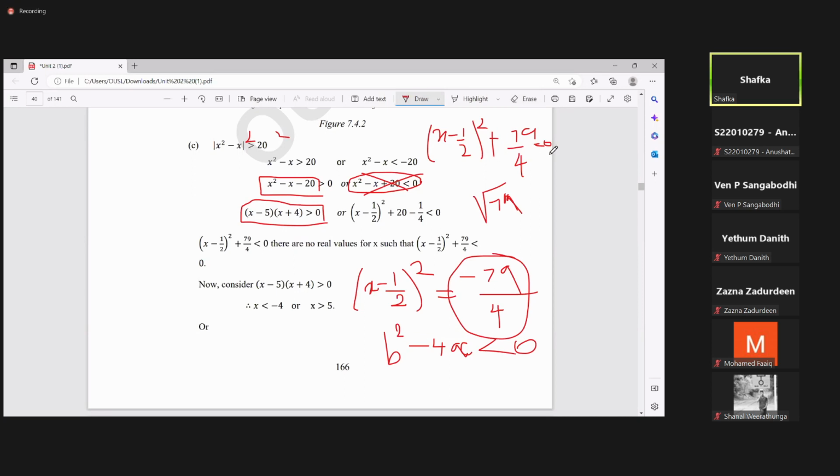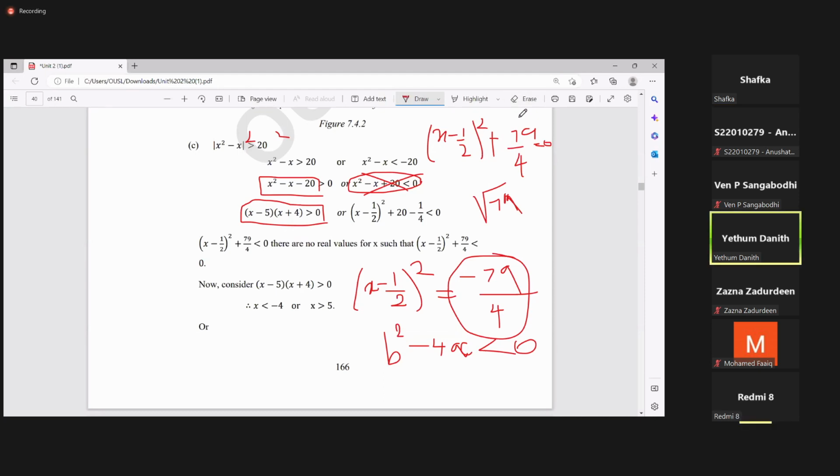When you move it to the right hand side, this will become minus 79 over 4, which is a negative number. The square of a real number won't be equal to a negative number. This doesn't satisfy real numbers, so this doesn't have a real solution. Then you have to neglect it. Is that clear now? Yeah, got it, ma'am.